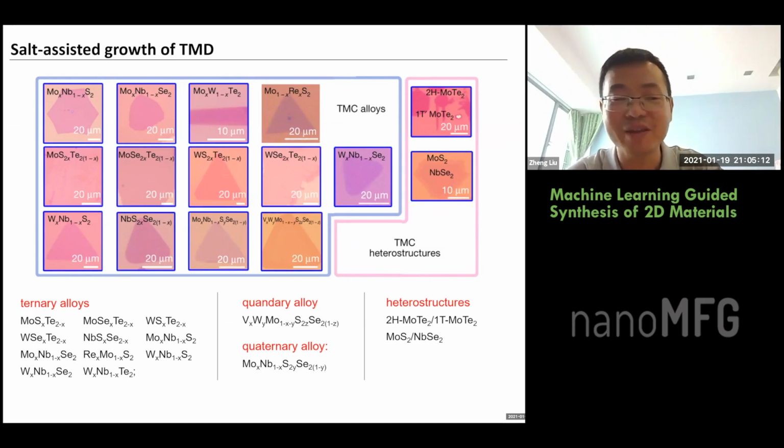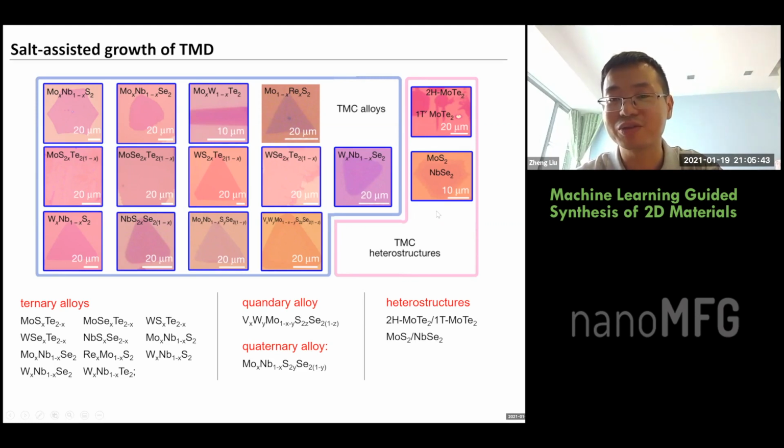Let me explain in detail. For example, if we want to grow a molybdenum sulfide and niobium selenide heterostructure, we have to grow the molybdenum sulfide first, because its growing temperature is around 100 degrees higher than the niobium selenide. If we grow niobium selenide first and then the molybdenum sulfide, the niobium selenide will be dissolved or just completely evaporated.